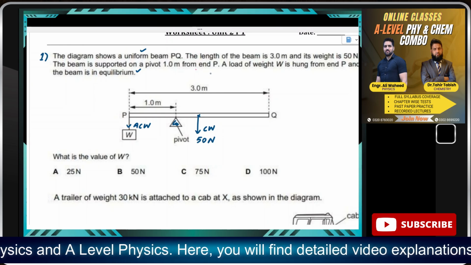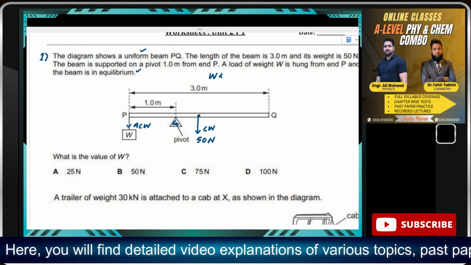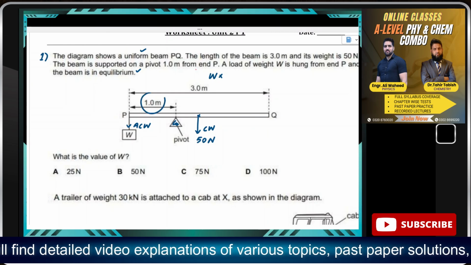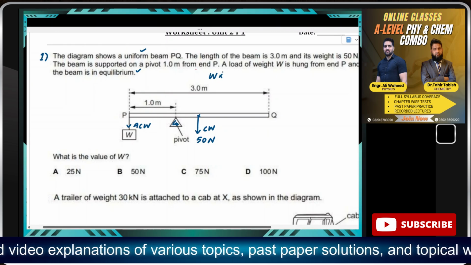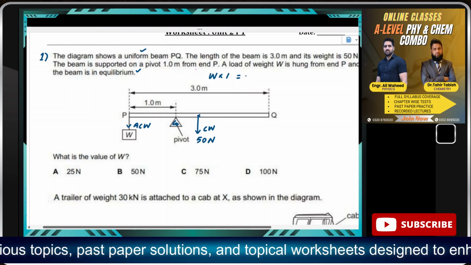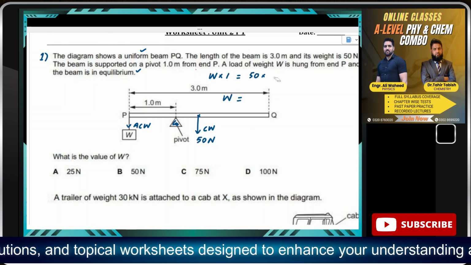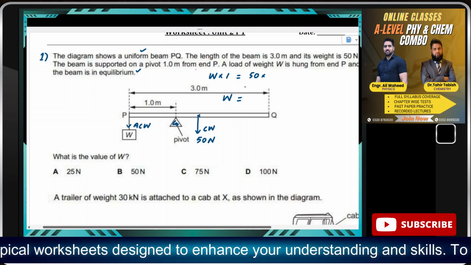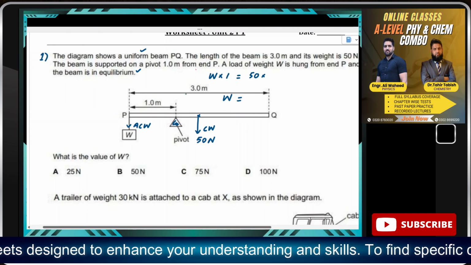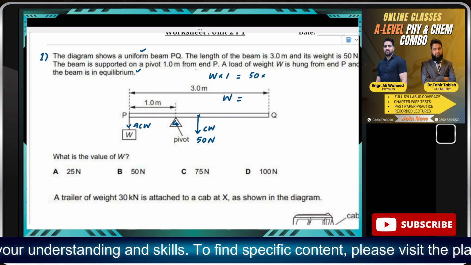For the anti-clockwise force, which is W, times the perpendicular distance from the pivot, which is 1, equals the clockwise force, which is 50 newtons, the weight of the beam, times its perpendicular distance from the pivot.